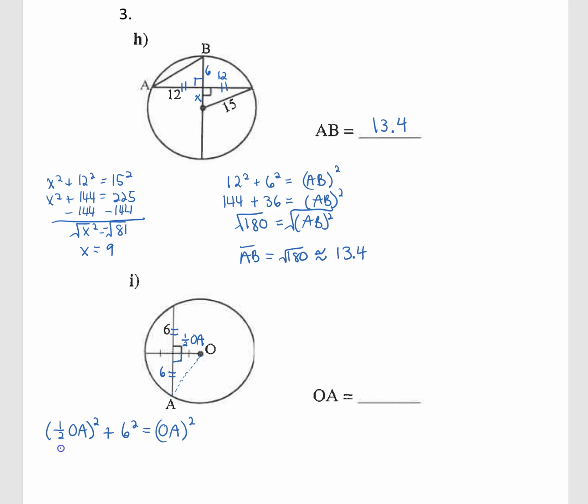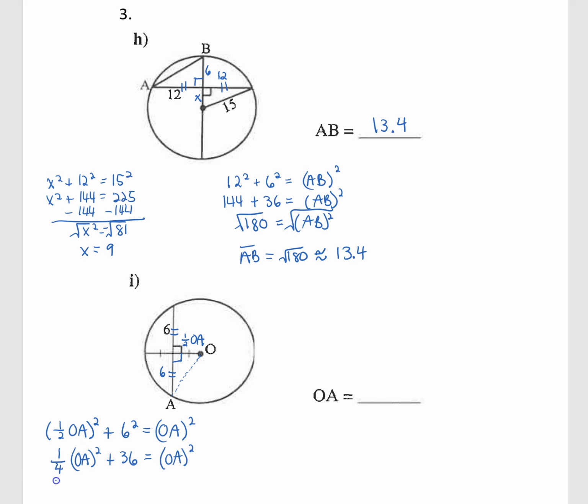So I'm going to square this 1/2 here. 1 squared is 1, 2 squared is 4. So this gives me 1/4 times OA squared. 6 squared is 36, and I have an OA squared here. Now I can combine like terms.